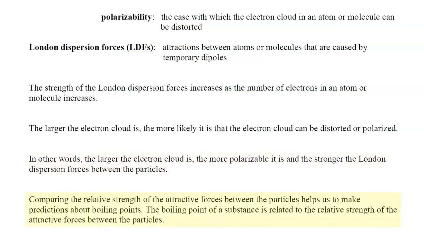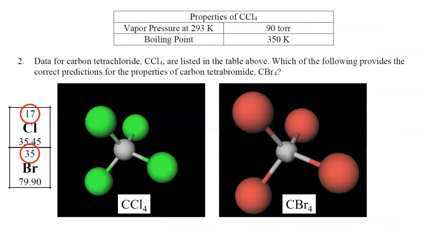Comparing the relative strength of the attractive forces between the particles helps us to make predictions about boiling points. The boiling point of a substance is related to the relative strength of the attractive forces between the particles. So we have CCl4 and CBr4.